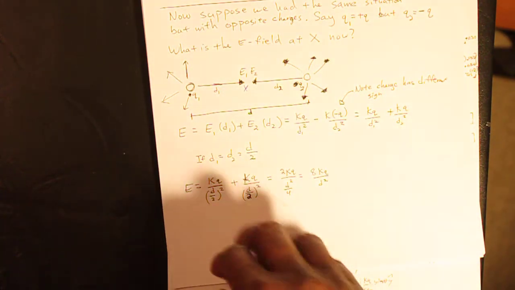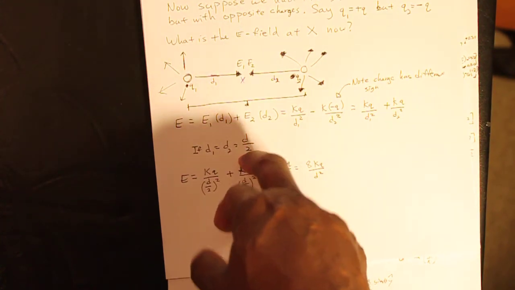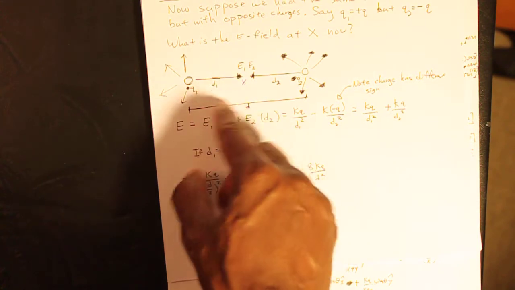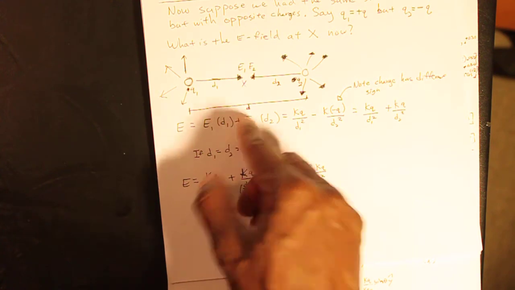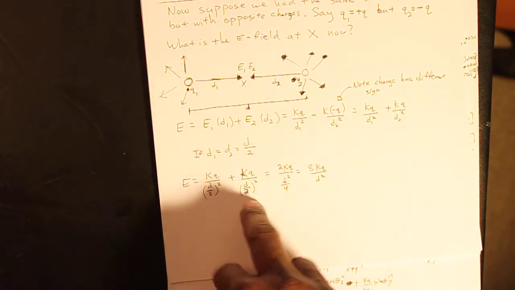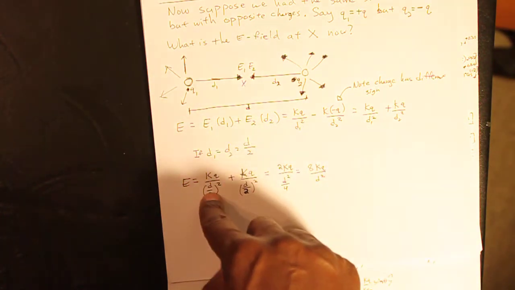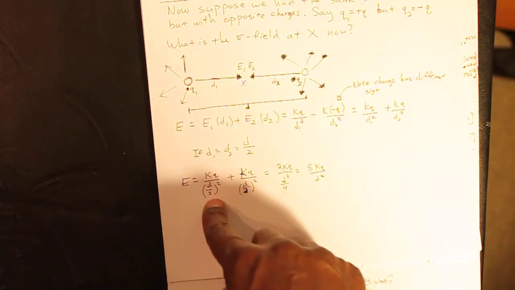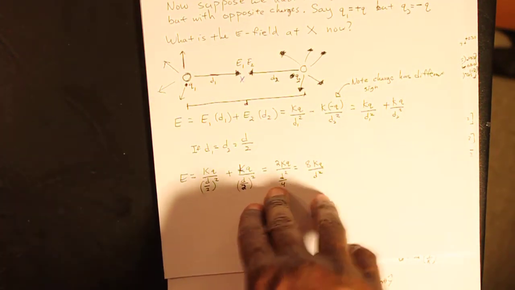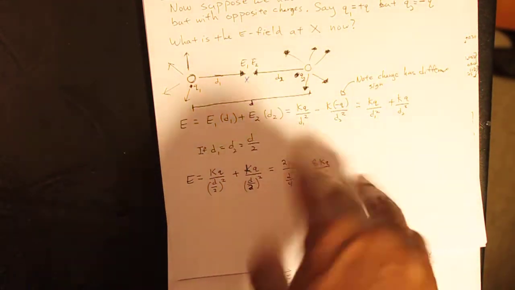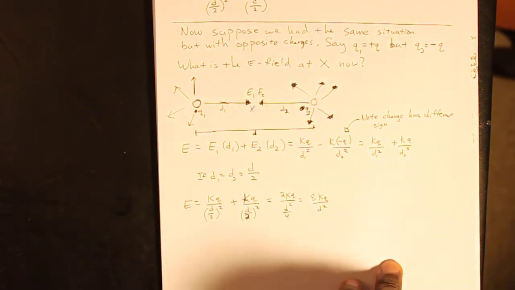So in the case that D1 equals D2 equals D over 2, in other words, X is halfway between the two particles, then E is going to be, we simply substitute D over 2 for D1 and D over 2 for D2, and we work out the arithmetic, and you see the expression that we get.